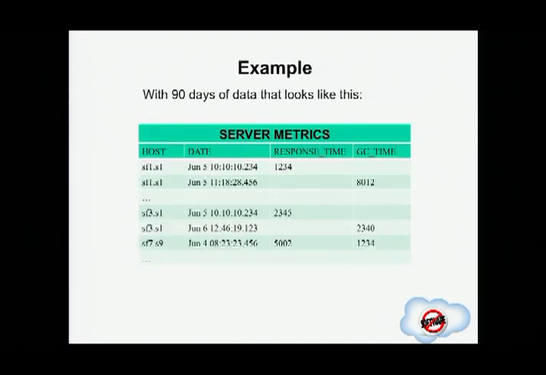Here is some sample data where you've got your host name, where again the first 3 characters may identify your cluster, followed by a dot, followed by a machine name. That's an example of what the host would look like. The date is just a regular date to the millisecond granularity, and then you may have any number of metrics, say response time and GC time, and so on.